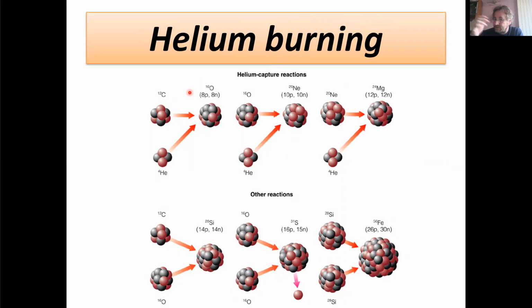From oxygen 16, we could have another CNO type cycle with proton captures. So to create fluorine and then maybe neon. But it can also proceed via, again, helium nucleus, alpha particle capture, and create neon. And from this neon, again, step on.